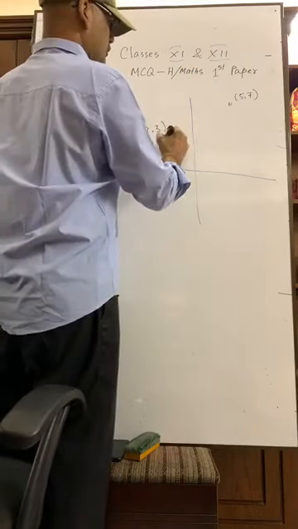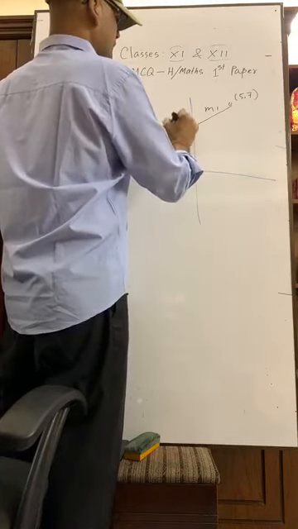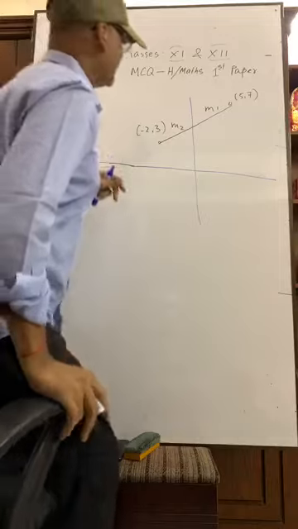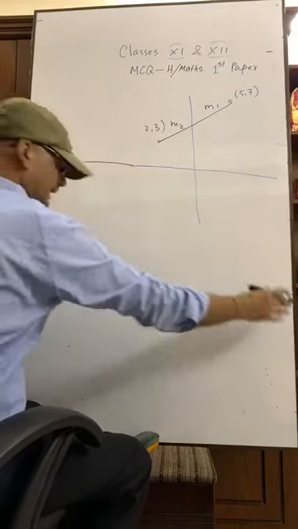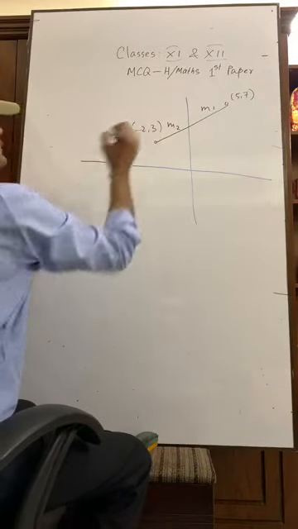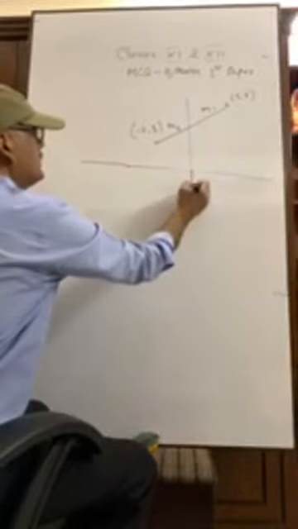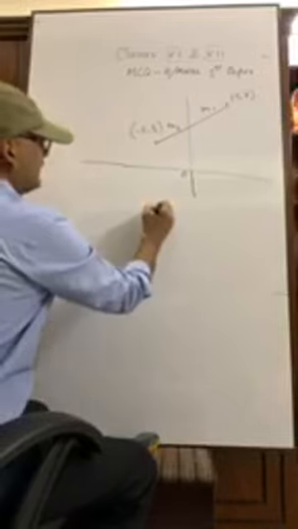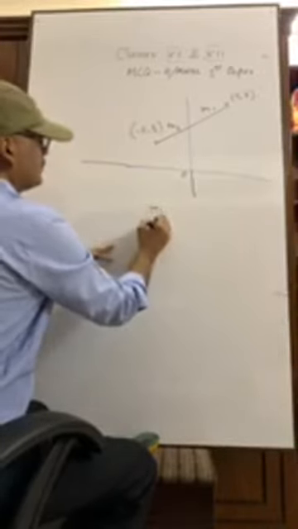I have given 2 points, and it is M1, it is M2, and we are told here to determine M1 is to M2. That means M1 by M2.